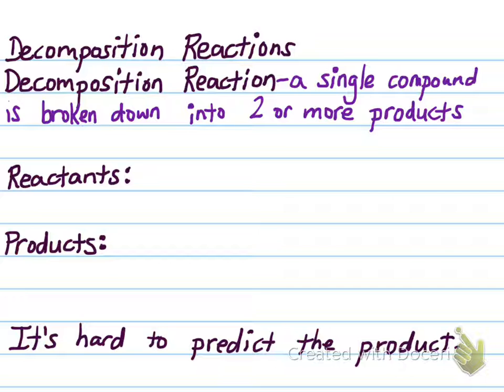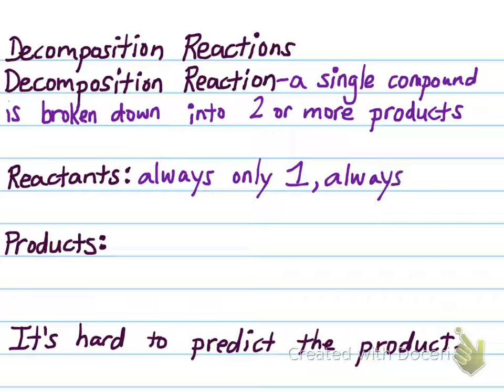Again, as we look at this definition, it tells us something about the number of reactants, right? We see it's a single compound. So in terms of our reactants, it's always only one. Okay? And it's always a compound. And then again, our definition really gives us a clue about the products as well, because it says there are two or more products. So our product, we're just going to say that there's more than one.